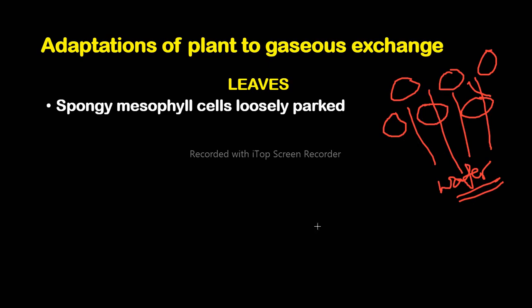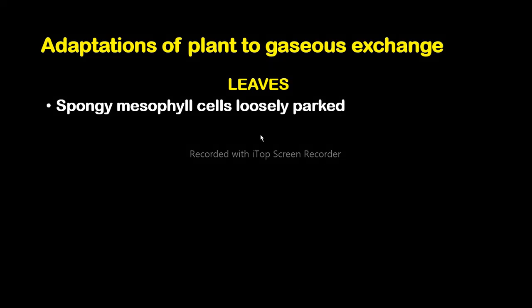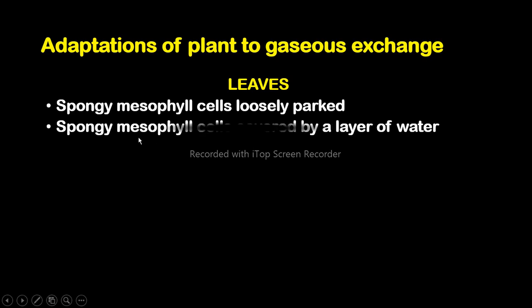So that is brilliant. And then we have the spongy mesophyll cells covered by a layer of water. Now these two may appear the same or similar, but they are kind of different. You have loosely packed cells creating large air spaces, and the large air spaces facilitate that each cell receives enough air at any time.